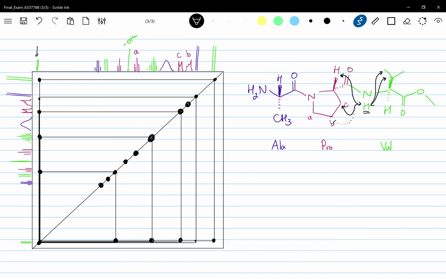Okay, and then I believe that is it for this NH proton. If we go to the nearby alpha proton, so this green one, this alpha proton can also interact with, I would say, this methoxy group of the ester. So the alpha proton is actually this one, and it will give rise to this correlation.